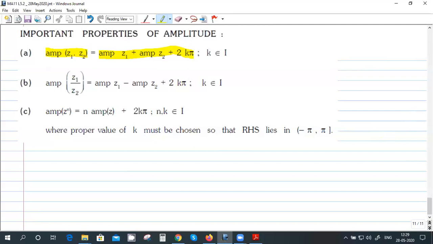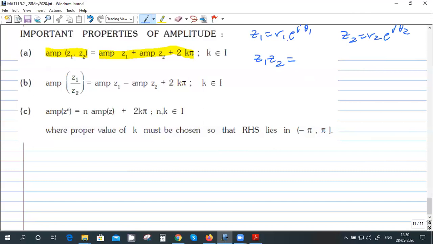So take z1 as r1 into e raised to the power i theta 1 and z2 similarly. Now what is z1 z2?